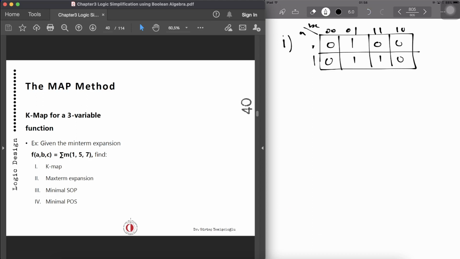And it's asking for a Maxterm expansion. So what is Maxterm expansion? Minterm expansion is given to us, as you can see. The opposite of that is Maxterm expansion.